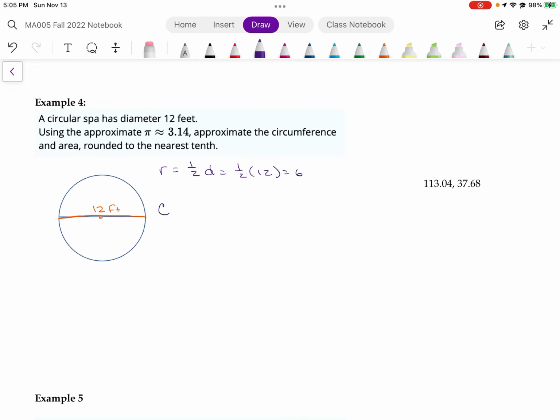All right, so the circumference is 2 pi r, or you can just say pi times d. So that's 3.14 times 12.